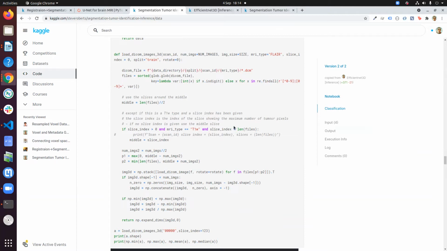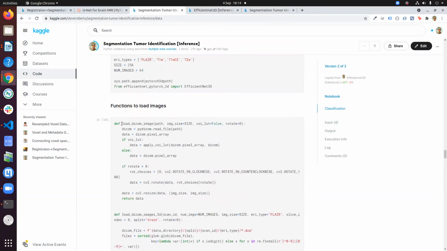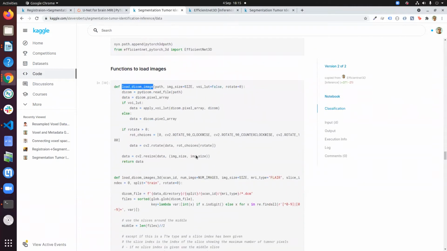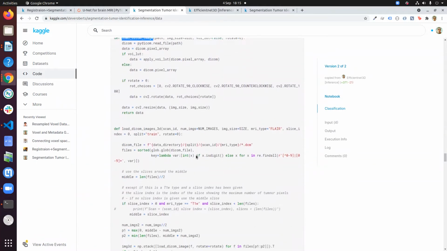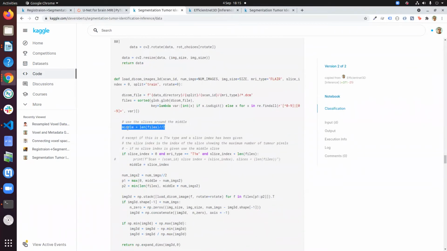So this here is the classification function. This is his loading function that he uses just to load the image. Normally it does this thing here where it finds the middle slice just halfway through the set of files.